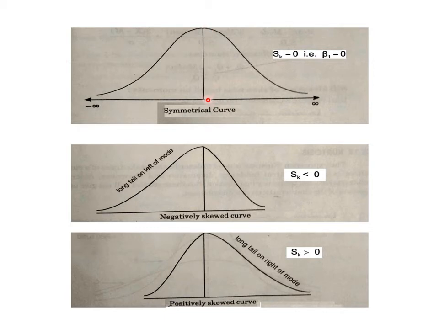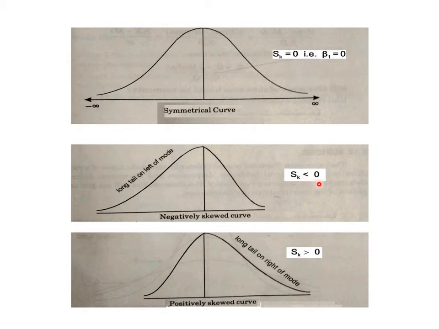All three are equal, and we know that all three are equal for a normal curve, the curve of normal distribution, which we have discussed before. So it is the case of normal distribution for which Sk, or skewness, is 0. Whenever there is zero skewness, the curve is not skewed, it is symmetrical, and with respect to that line where mean, median and mode are all equal, the curve is symmetric on both sides.